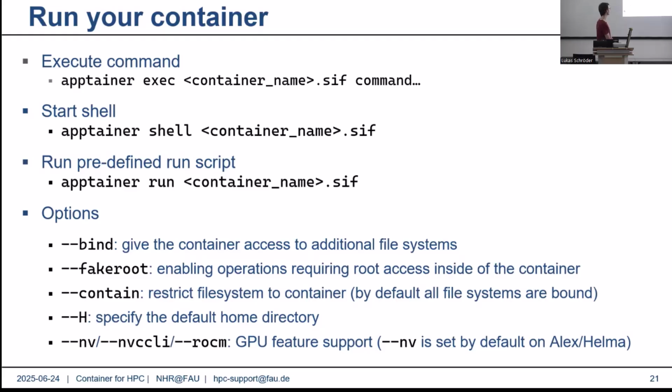Then there's --home, where you can define your home directory, which is usually on this server bound to $home. And then there are some additional GPU features, but on Alex and Helma, the NV is automatically loaded. So ideally, you shouldn't think about it. Then there's ROCm for AMD GPUs. And if you use some special NVIDIA container type, you might use NVC CLI, but that's a bit advanced.